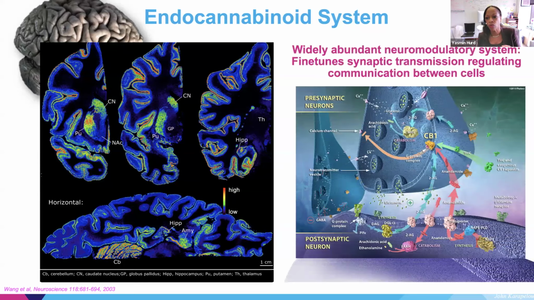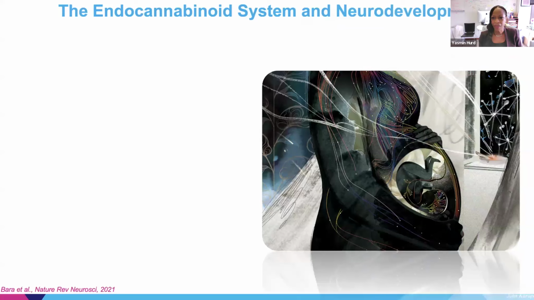And they play a really critical role in regulating how cells communicate. They modulate the synapse, that's the area between the two cells communicating. And so it plays such a critical role in the brain in modulating neural cell activity.